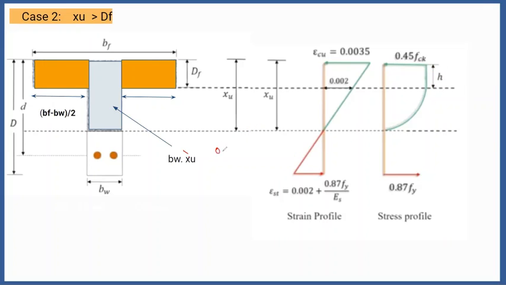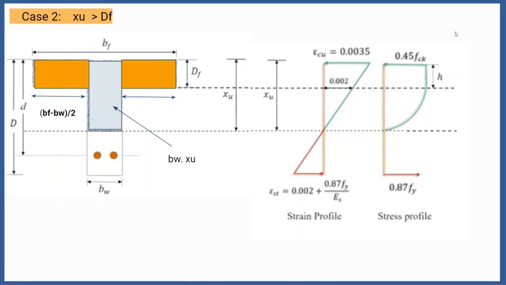We can write 0.002 divided by 0.0035 equal to, similar triangle के हिसाब से, xu minus h divided by h. So if you simplify it, you'll get something of this. Now we can also find x is equal to 3/7 x. So this can be done.